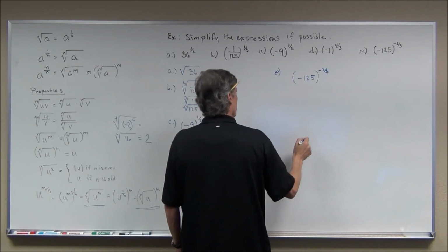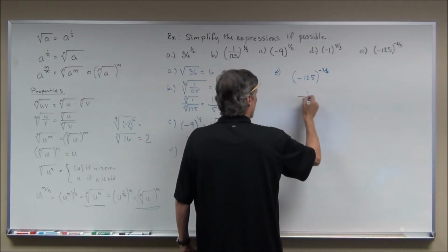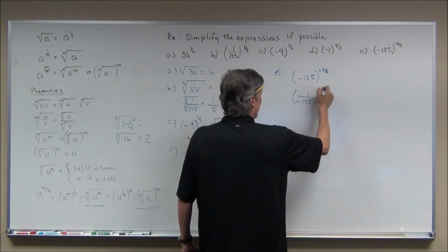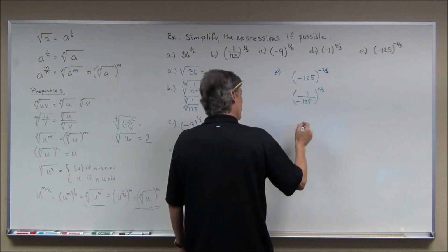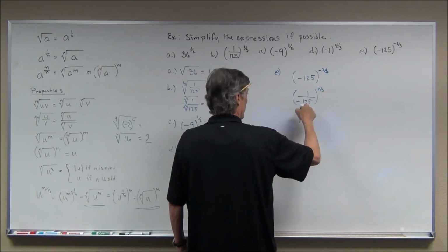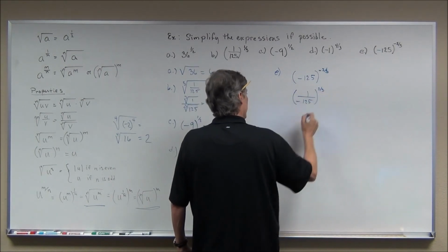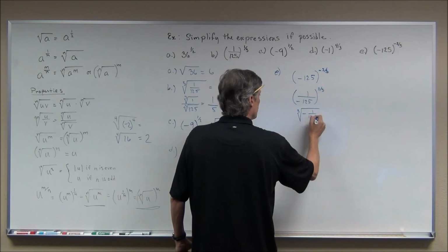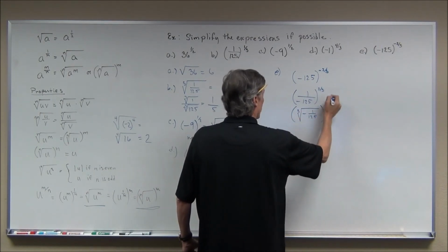The first thing I'm going to do is I'm going to write this as 1 over negative 125 to the positive 2/3. Then I'm going to do the index first. Because I don't want to square 125, I'm going to take the cube root of negative 1 over 125, and I am going to square it.